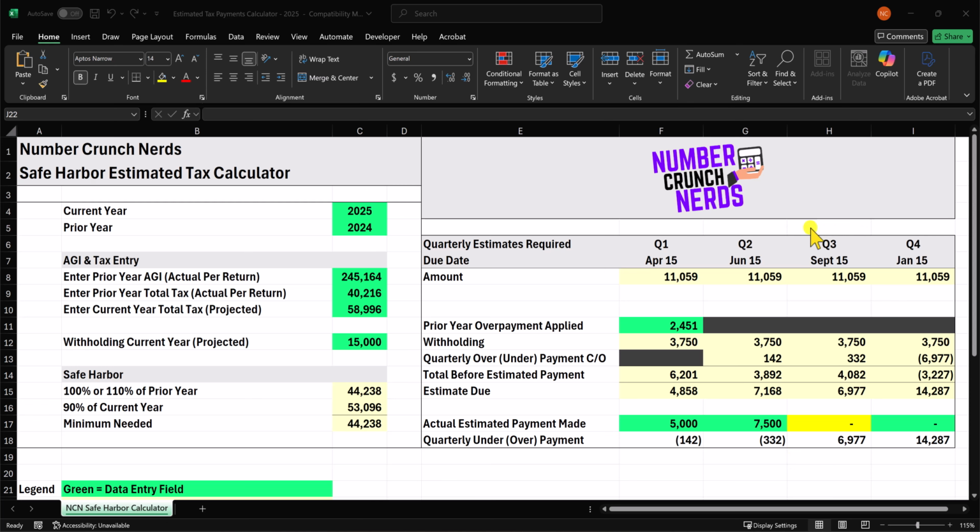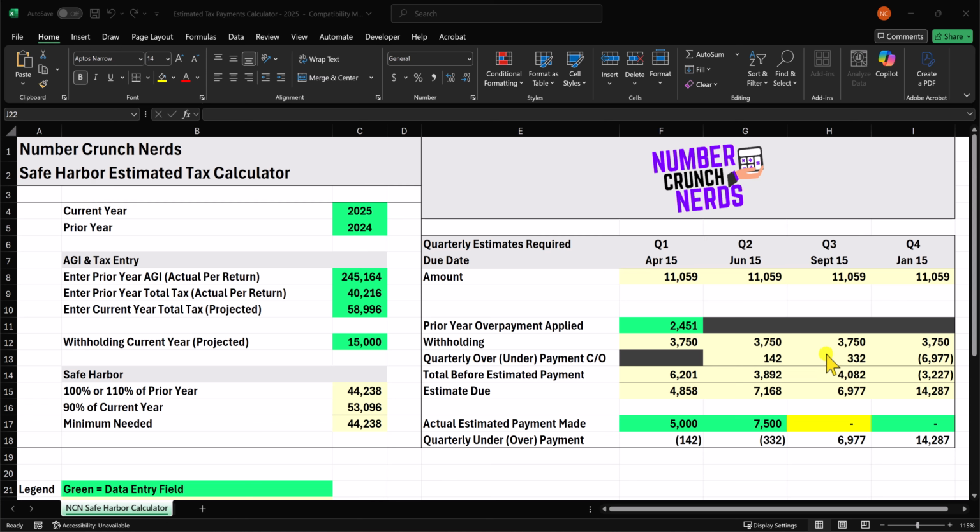Now we're going to go to Q3. This is the quarter that we are currently working on. We do have the same amount of safe harbor minimum estimate due right here, $11,059. We do have the same amount of withholding deemed to have occurred in Q3. We have the $332 overpayment that carried to Q3 from Q2.